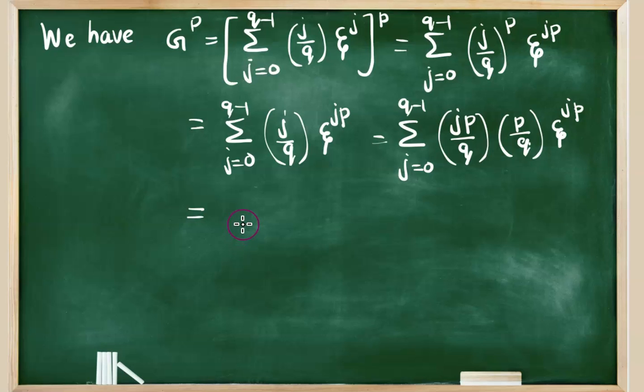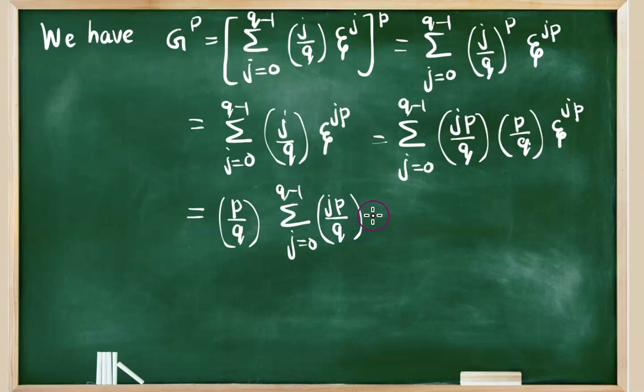So g raised to p is equal to, here in this sum we can bring this Legendre symbol p by q outside this summation, since Legendre symbol p by q is independent of j. So we can write Legendre symbol p by q into summation j varying from 0 to q minus 1, Legendre symbol jp by q into theta raised to jp.